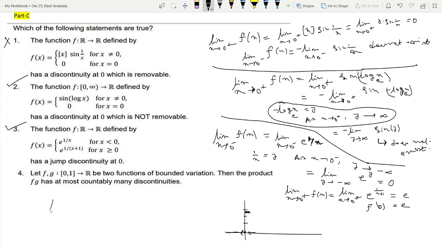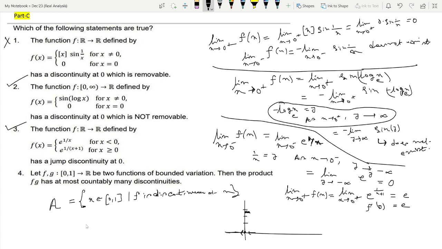So suppose A is the set of all x belonging to 0, 1 such that f is discontinuous at x.